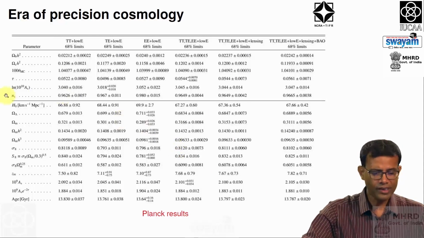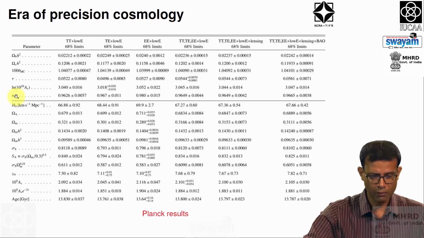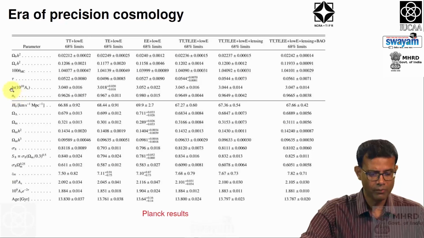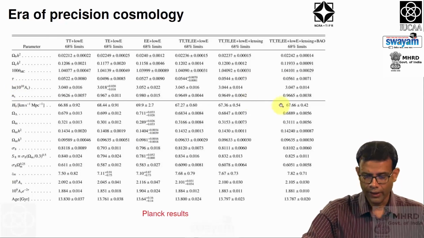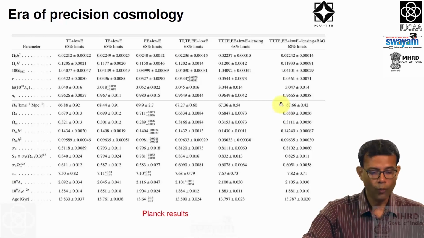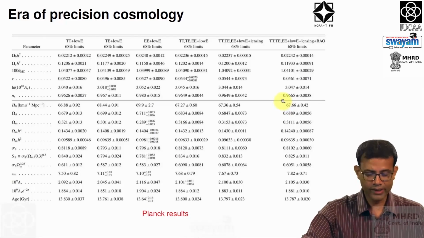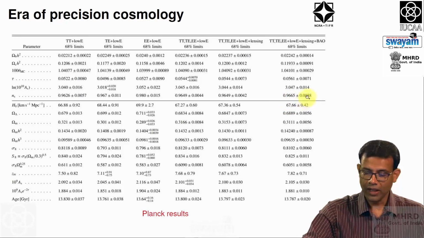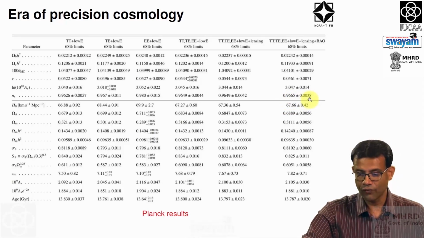The other thing of interest is this slope n, which measures the slope of the primordial power spectrum. Remember, we model the primordial power spectrum as k to the power n. If we want it to be scale invariant, then n should be 1. What is the measured value? It is 0.966 plus minus, let us say, 0.004.